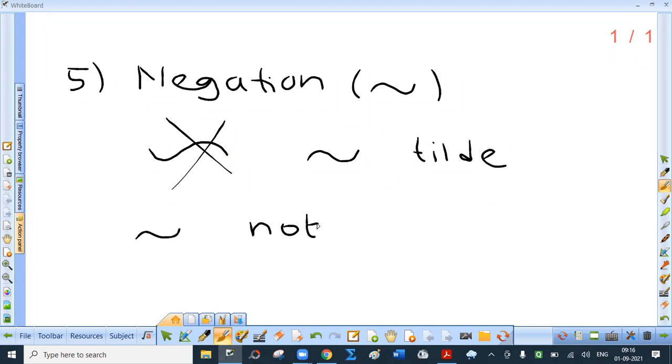Now the negation of a given statement can also be obtained by using "it is not true that", or we may say "it is false that".